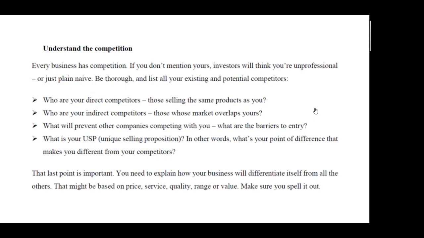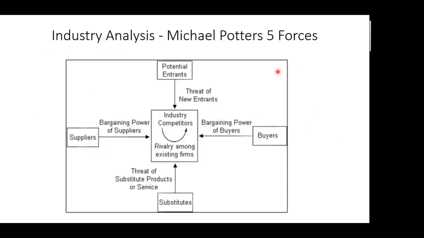There are certain management models that we use to analyze the industry competitors and industry threats. A pretty good example is this one, which we call Michael Porter's 5-force model in analyzing the industry competition or the industry forces.